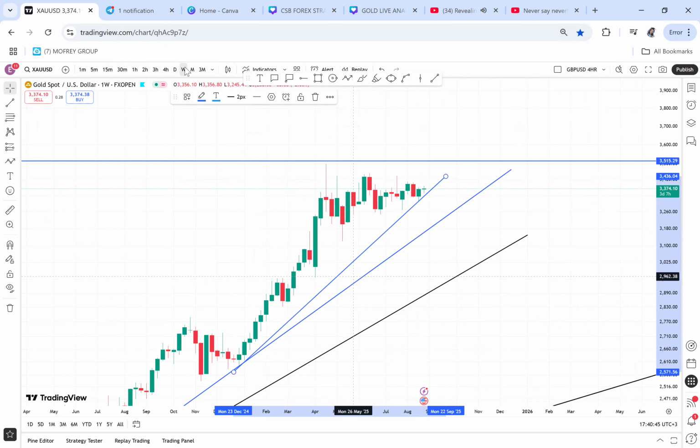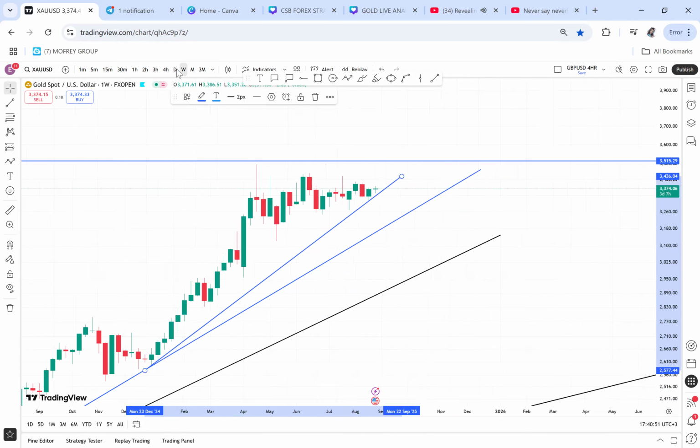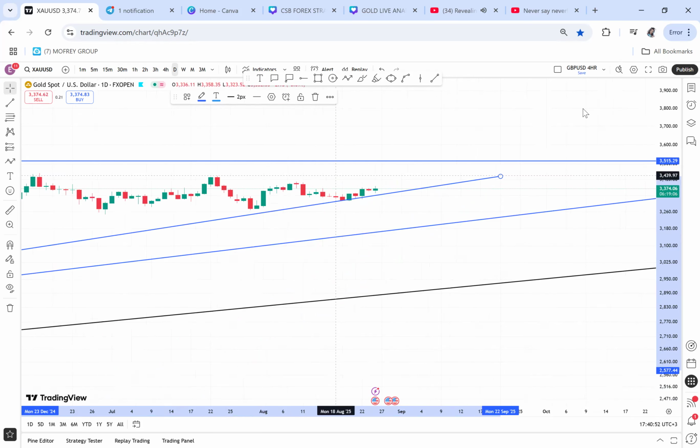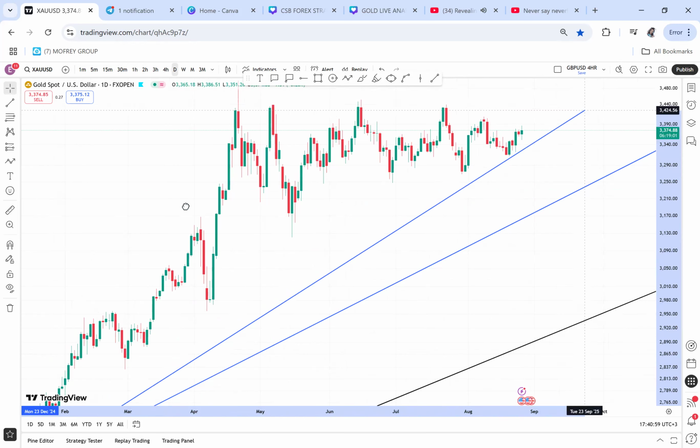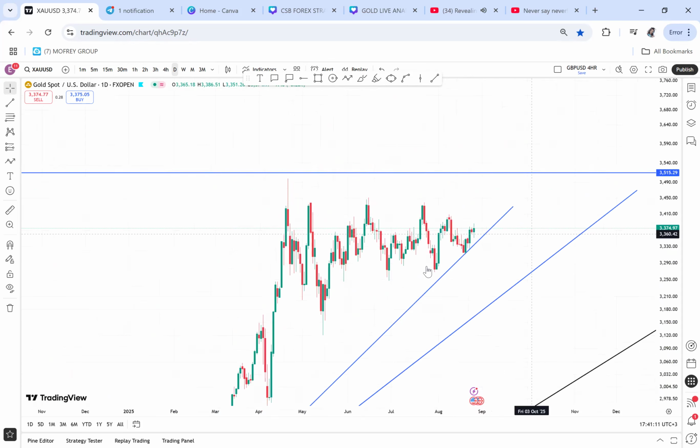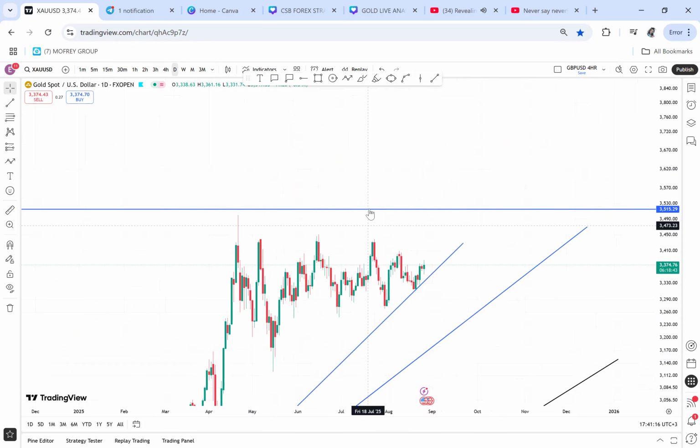And then now we go to the daily time frame. Remember, on the daily time frame we don't have another tight trendline, because the black ones are for the monthly long-term trendline, and the blue ones are for the weekly. Now, on the daily, what we can be looking for is the trendline for buyers.